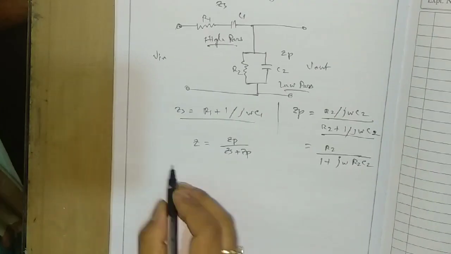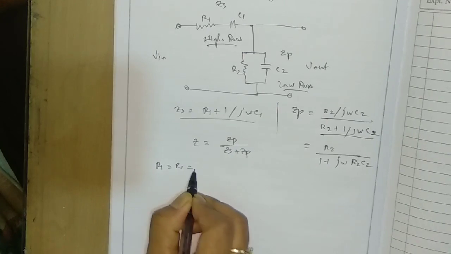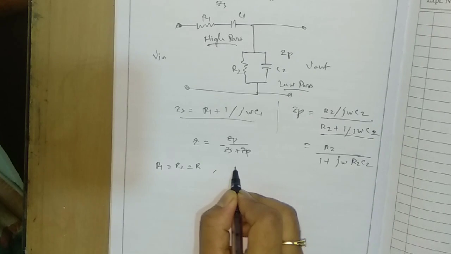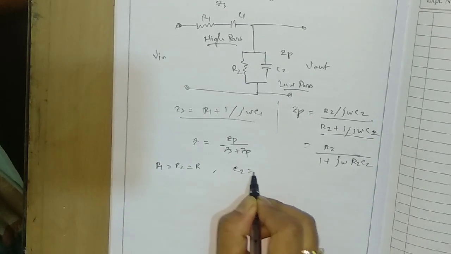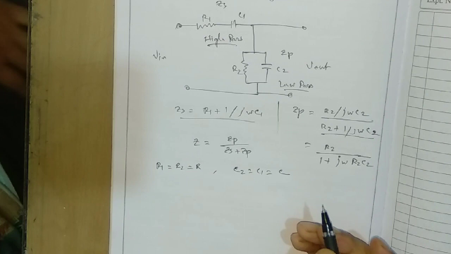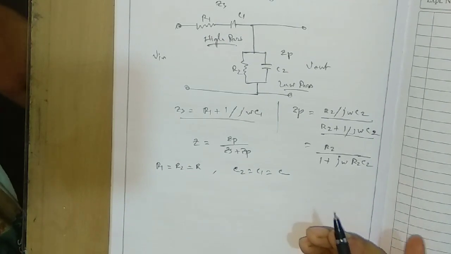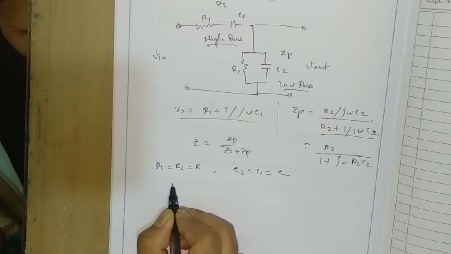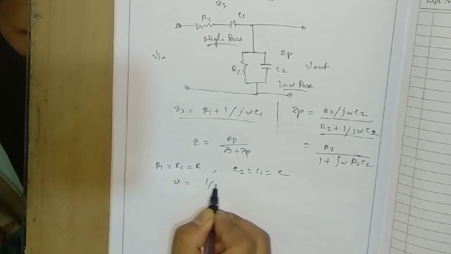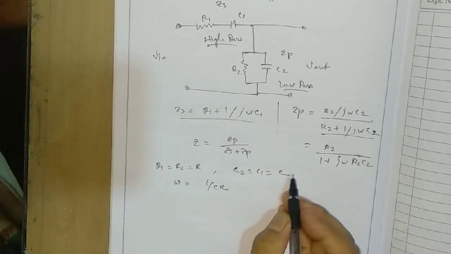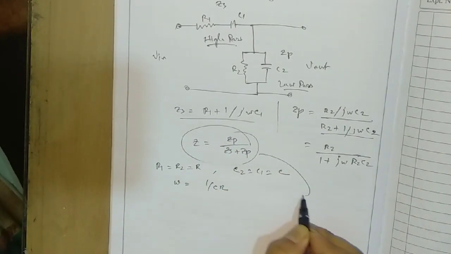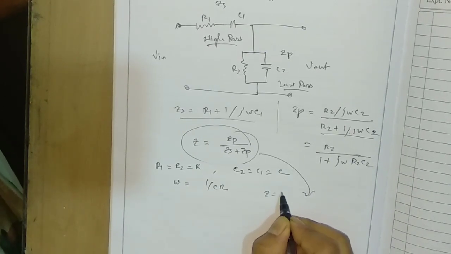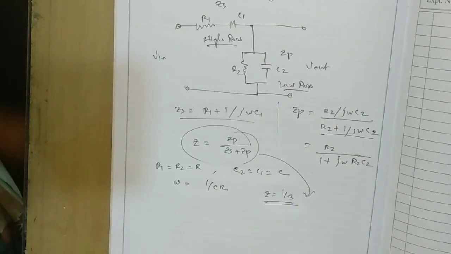Now if we assume R1 equal to R2 equal to R, that is the same value of resistance, and the same value of capacitance, that is C2 equal to C1 equal to C, then we can see at frequency omega equal to 1 by CR, this will reduce and simplify to 1 by 3.